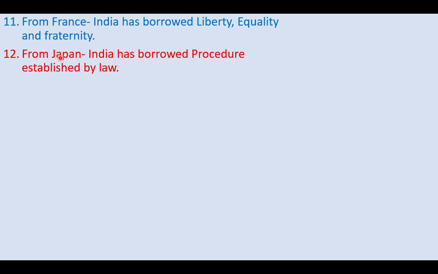Most of the people don't know about it. So from the Japanese constitution, India has borrowed procedure established by law. कि अगर कोई भी केस चलेगा तो वो किसके ऊपर आधारित होगा? वो हमारे लॉ के ऊपर आधारित होगा जो लिखा गया है.